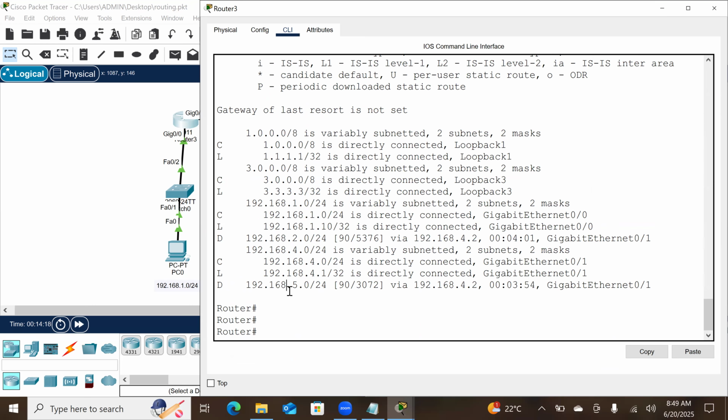Because the 5.0 network is directly connected to router 2. The only route it is not getting is 3.0. Here also you can see the AD value is 90. And this is again the calculation, that's an advanced part.